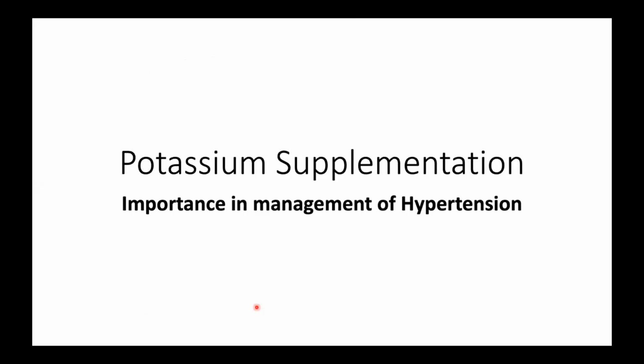Potassium supplement is very important, especially for the management of hypertension, because we know that there is a sodium potassium exchange in the kidney. If you increase potassium, that will lead to increased excretion of sodium, and that will lead to decreased incidence of CVD.